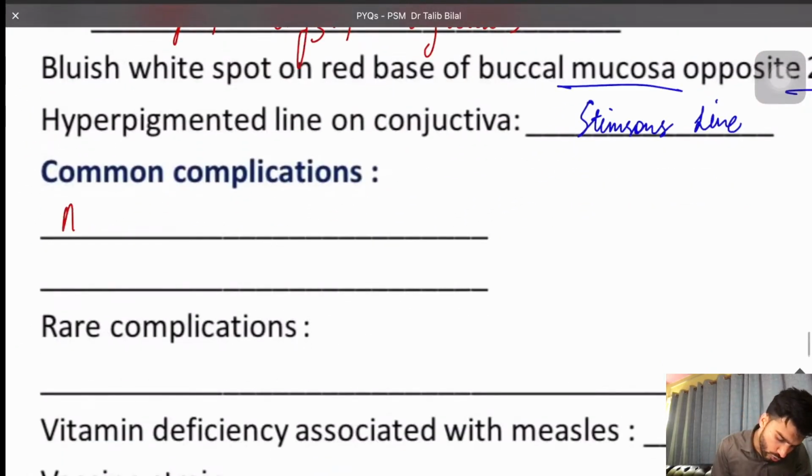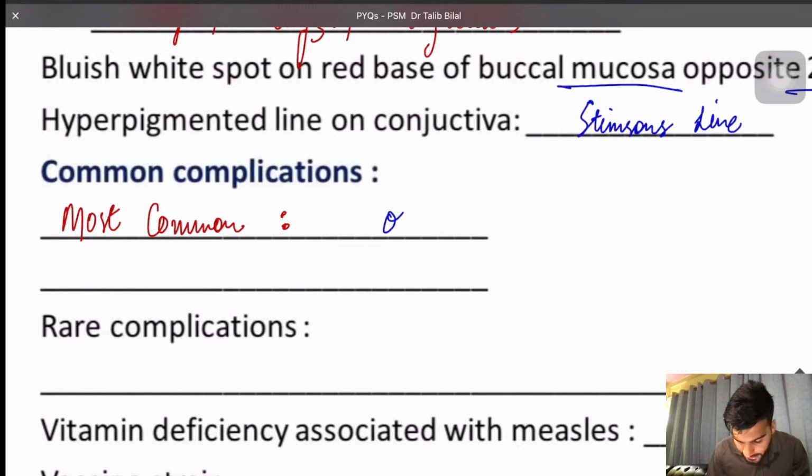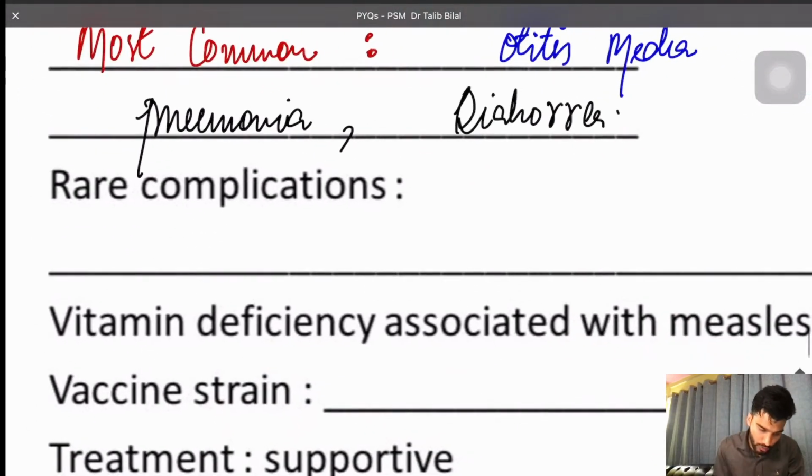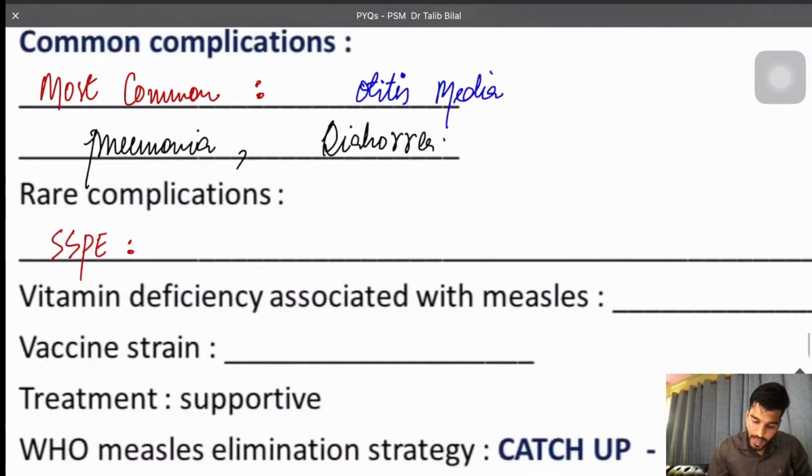If I talk about the most common complication of measles, you have otitis media. Other complications: the patient can also have pneumonia, and diarrhea. But we have a classical, very rare complication called subacute sclerosing panencephalitis.